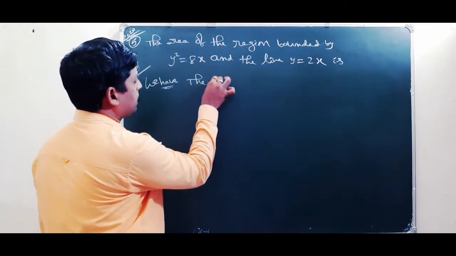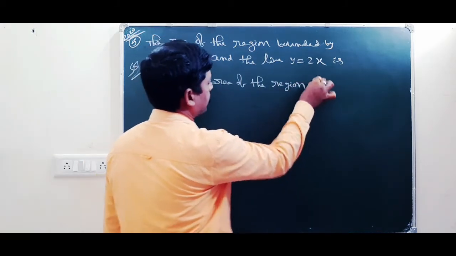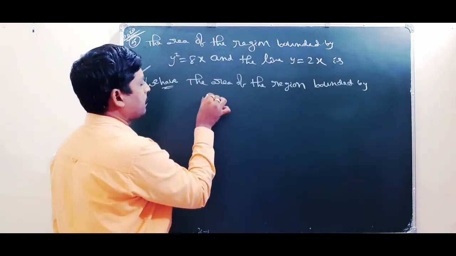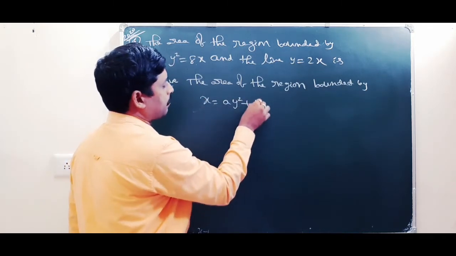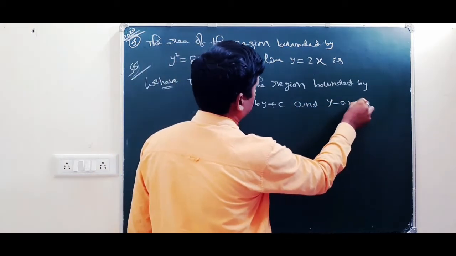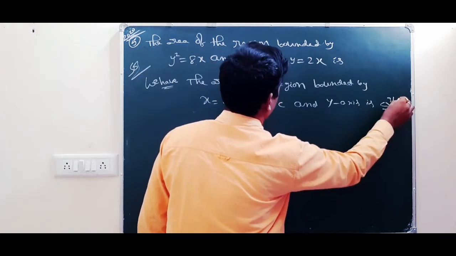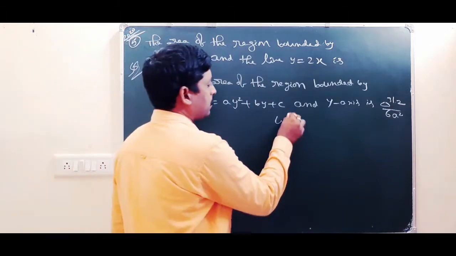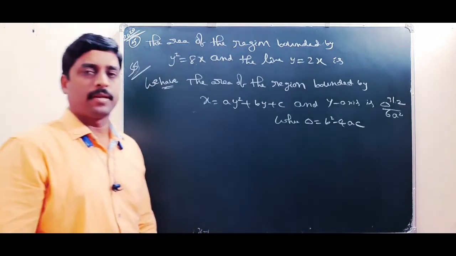The area of the region bounded by x is equal to ay square plus by plus c and the y-axis is delta power 3 by 2 by 6a square. What is the formula? Delta power 3 by 2 by 6a square, where delta is b square minus 4ac.